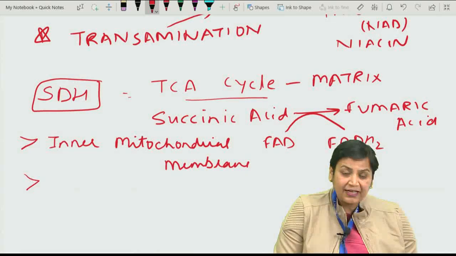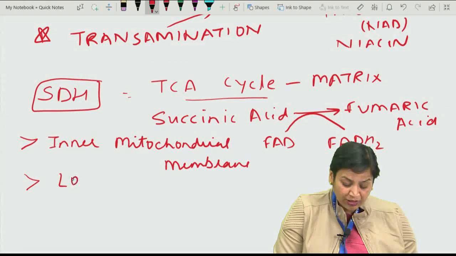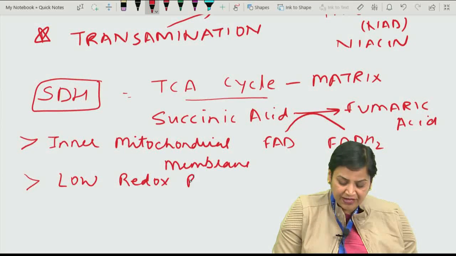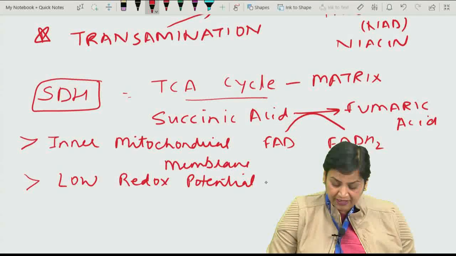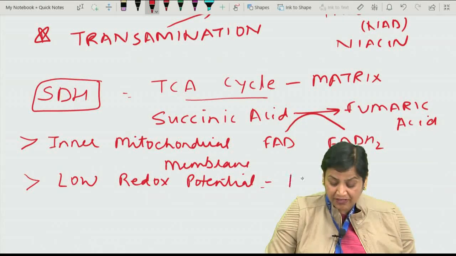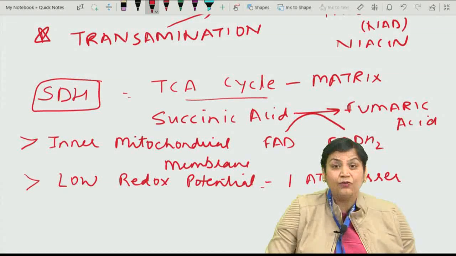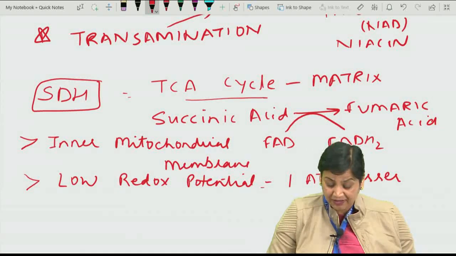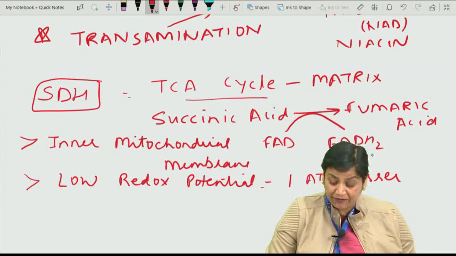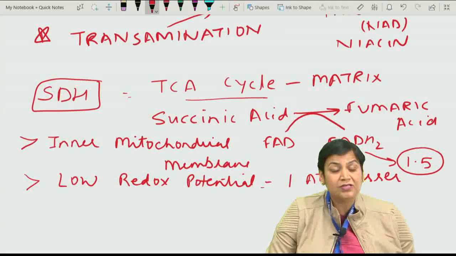Second, it has a very low redox potential. Since it has a very low redox potential, it always generates 1 ATP lesser than what NAD gives. That is why we say one molecule of FADH2 always gives 1.5 ATP molecules.